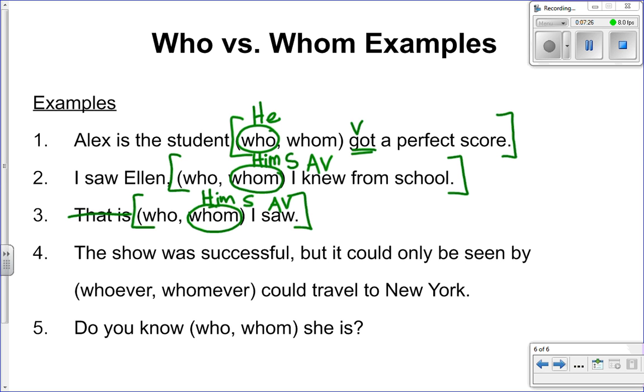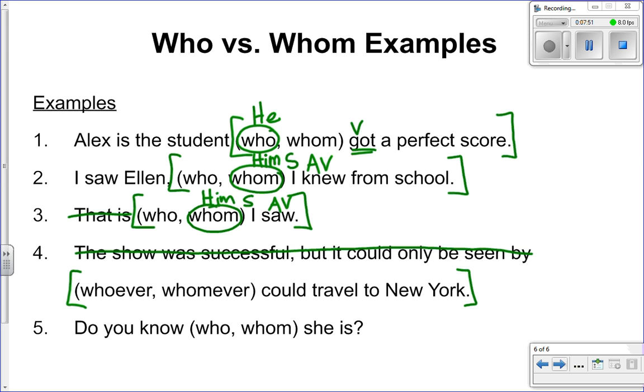Number 4, the show was successful, but it could only be seen by whomever could travel to New York. So my subordinate clause is whomever could travel to New York. Again, I'm going to disregard the rest of the sentence. I'm not going to pay attention to the fact that this subordinate clause is preceded by the preposition by. It has nothing to do with the subordinate clause. So I'm only going to look at how the pronoun functions in the clause.